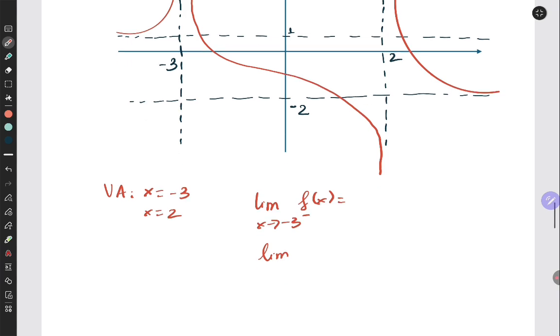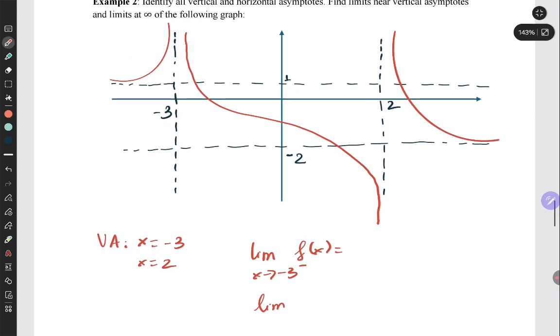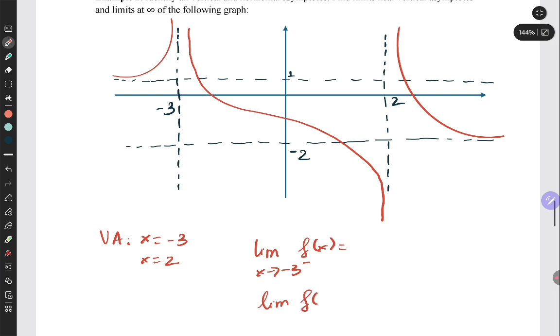It's going to be positive infinity for both, on the left and the right. Wonderful. Positive infinity. Because right here, where you're looking, there you go. How about 2? On the left and then on the right of 2.